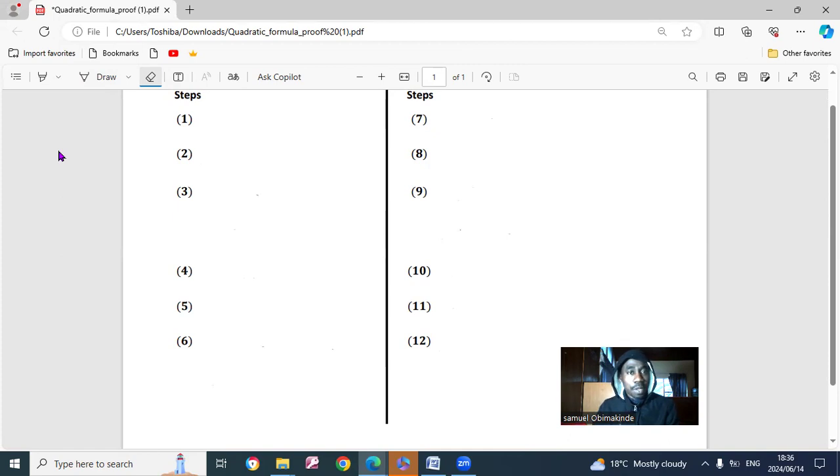So today we want to look at the derivation of an important formula. A lot of work has been done on this formula, and respect to those who have worked on the formula before now, who have produced various content on the formula.